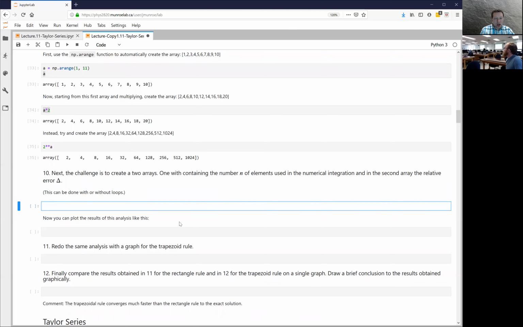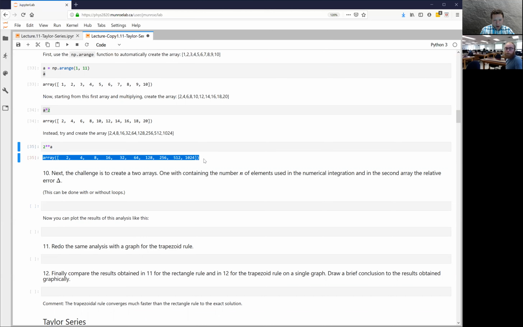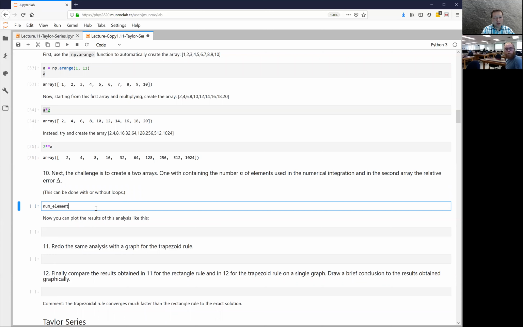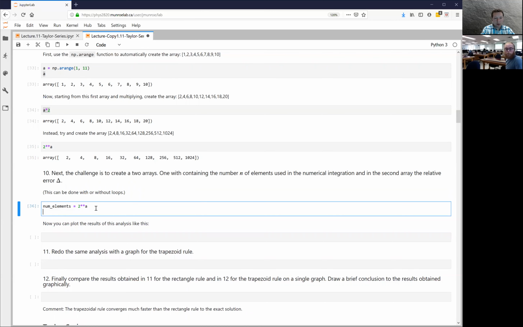The point is, can you come up with 2 arrays so that one has the value of n elements you used, and the second one has the relative error? This guy right here is already the right answer. So I can right away say num elements is equal to 2 to the power of a. What I want is another array that has all those values in it.